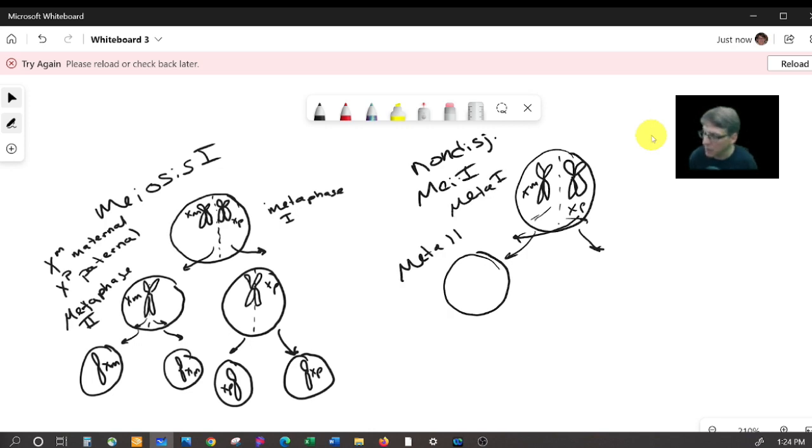This would be metaphase 1, and this would be metaphase 2. When we look at our daughter cells in metaphase 2, we're going to have 2 X chromosomes, an XM and an XP, in that daughter cell, and no X chromosomes in the other daughter cell.